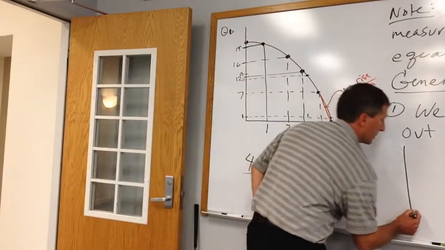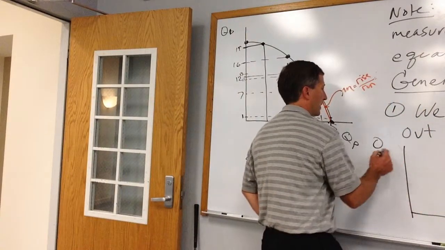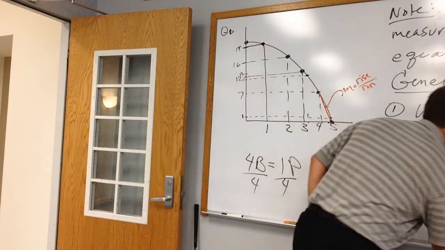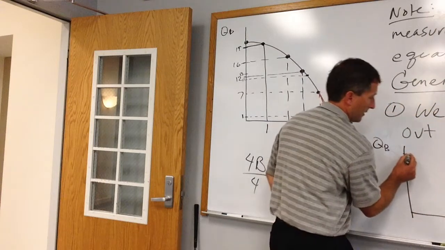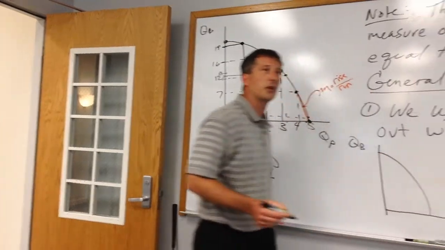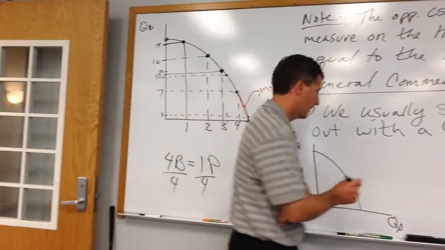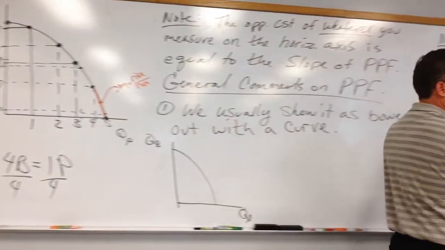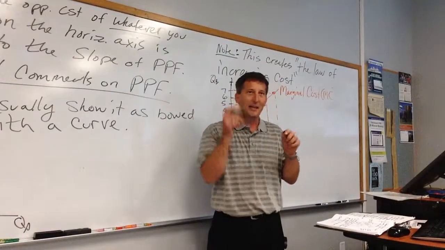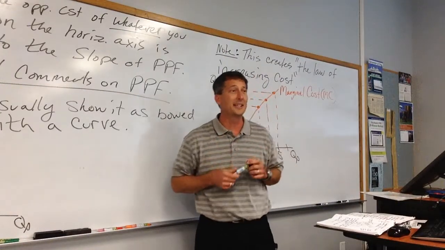So if we were to put the quantity of beer up here and the quantity of pizza down here, we would have a nice smooth curve. Which brings up an interesting wrinkle when you get into slopes.